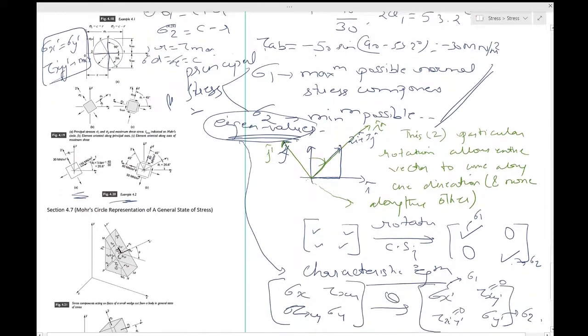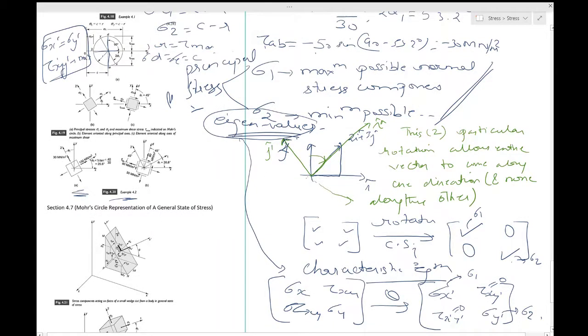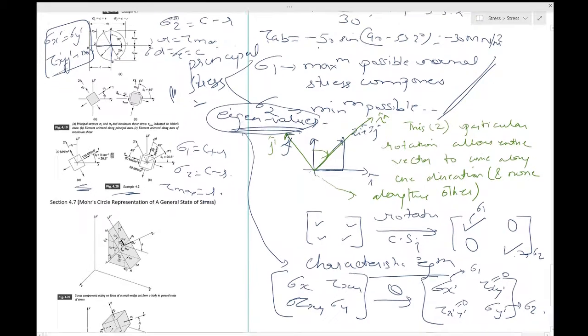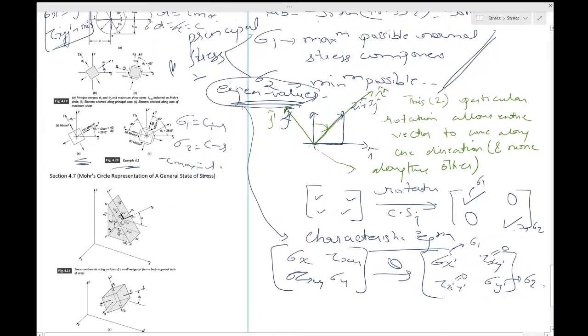You have already found sigma x dash, sigma y dash and so on, and the state of stress is the same. You want to find what the principal values are. So sigma 1 you can just write as C plus R, and sigma 2 as C minus R, and similarly tau max will be R, with the appropriate units. So this is how this discussion has gone until now.